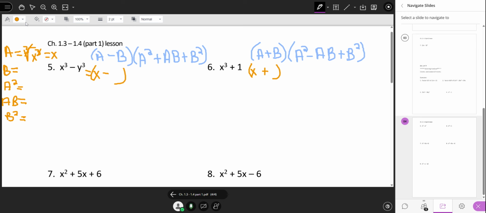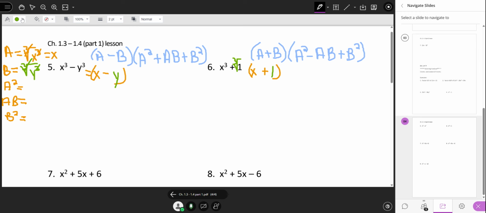Now, I'm going to change colors. b is the cube root of the second term. So on this one, it's y cubed. On this one, it's 1. So choppa, y. Cube root of 1 is 1.